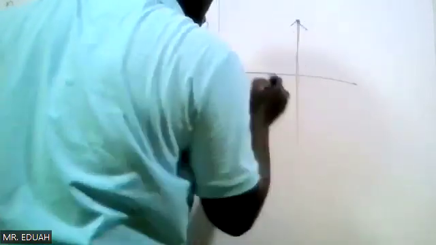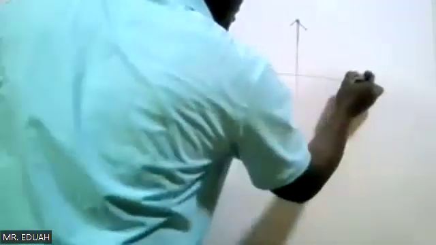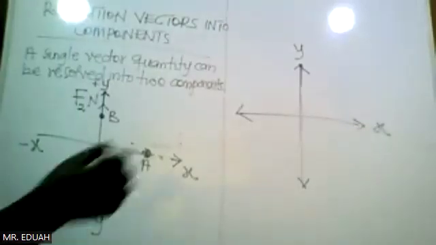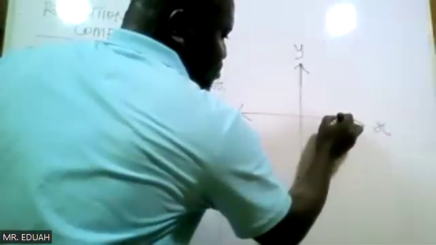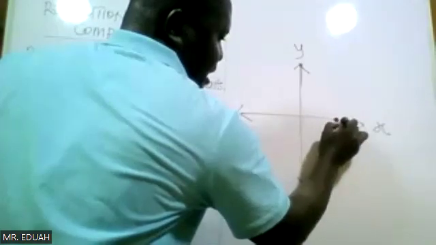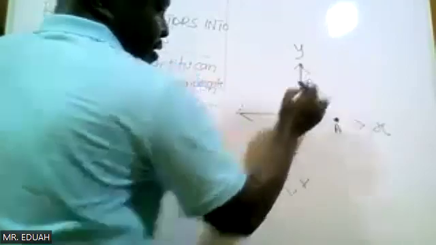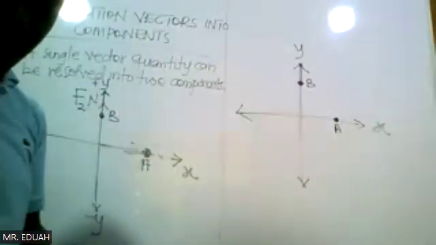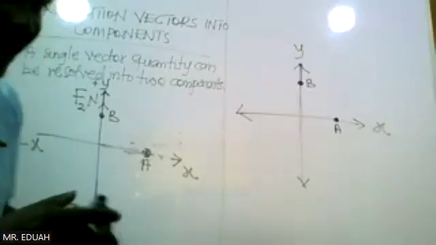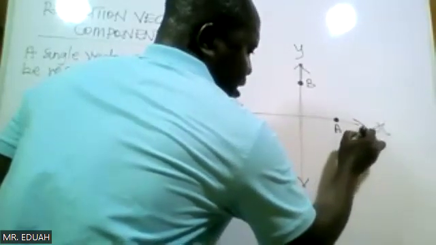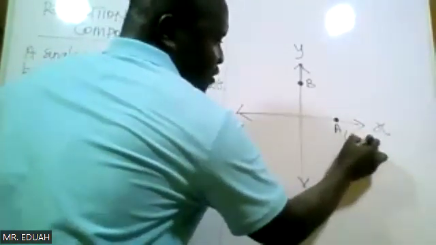If you are given a point A here and a point B, and asked to express them in component coordinates, point A is equal to A with a y component of 0.